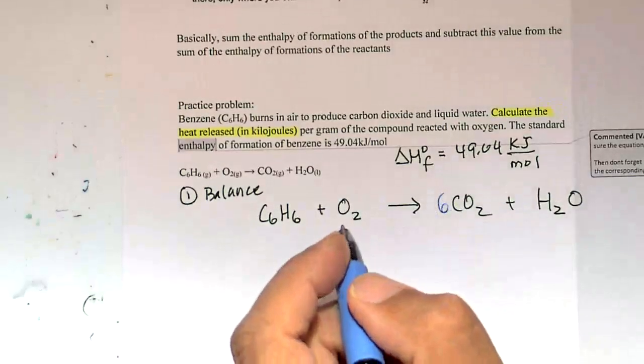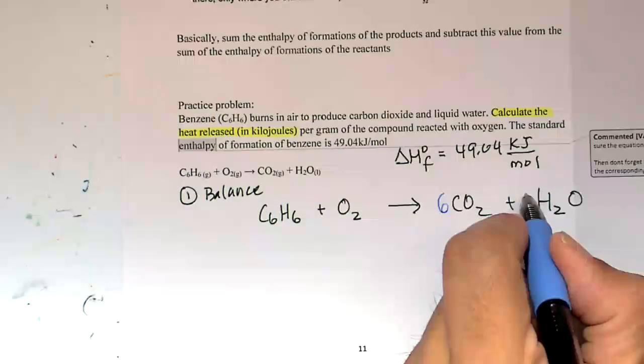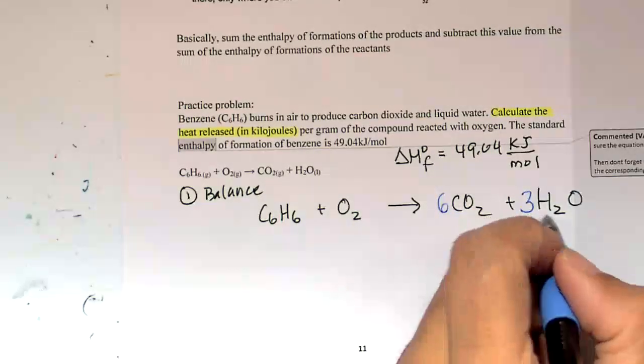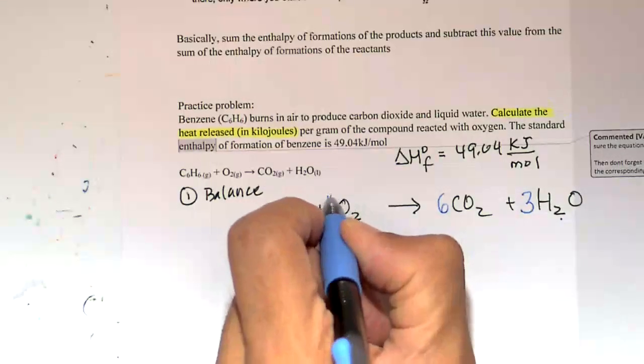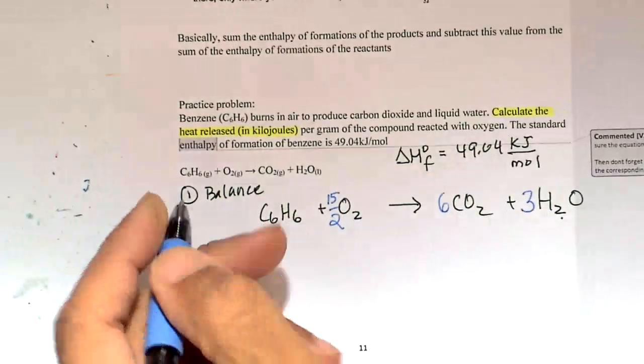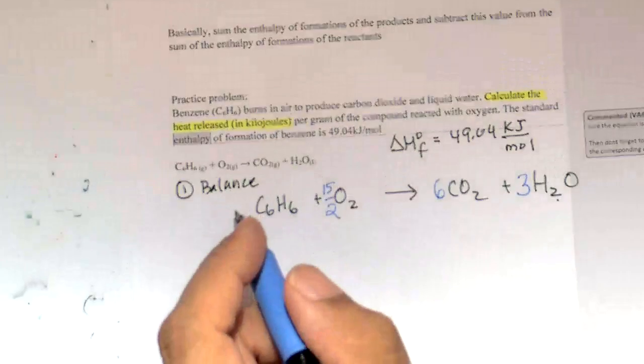We got 6 carbons and then 3 hydrogens here. That makes it 6. And then 12 plus 3 is 15. So I'm going to put 15 halves here. That should balance it.